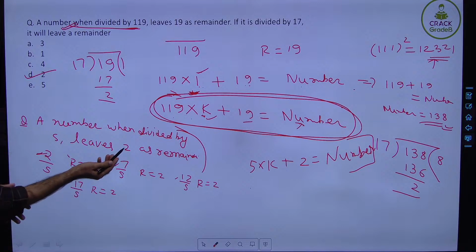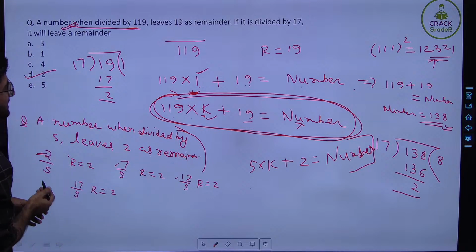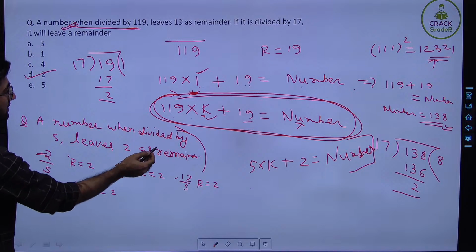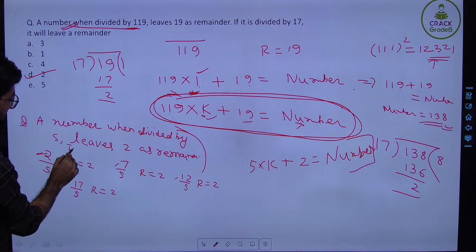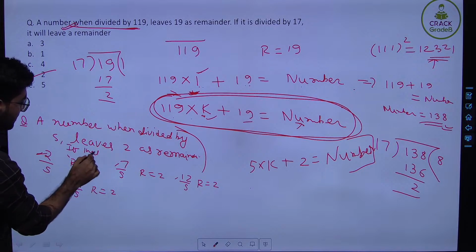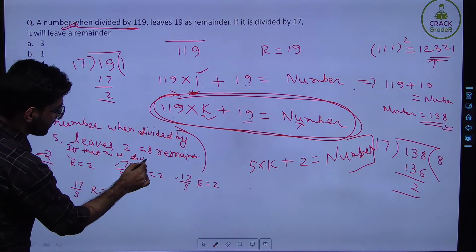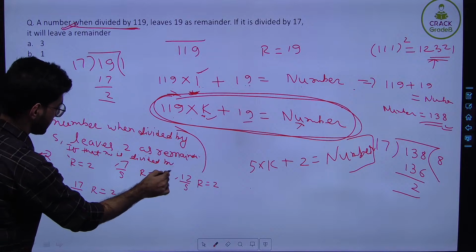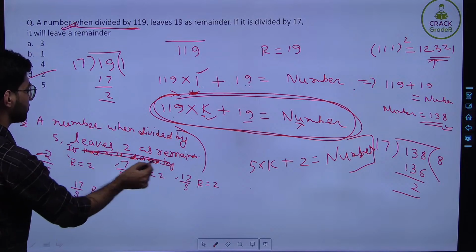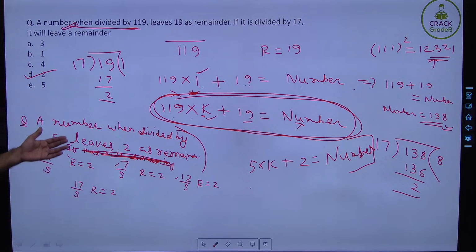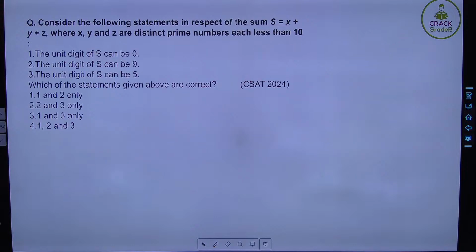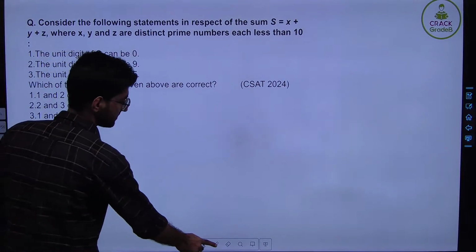Now the question is, if that number is divided by 4, okay, let us skip that question, we will solve these questions later when we learn this theorem, okay? Any doubt for now? Now try to answer this question.